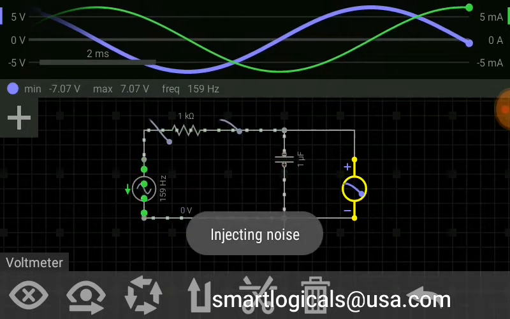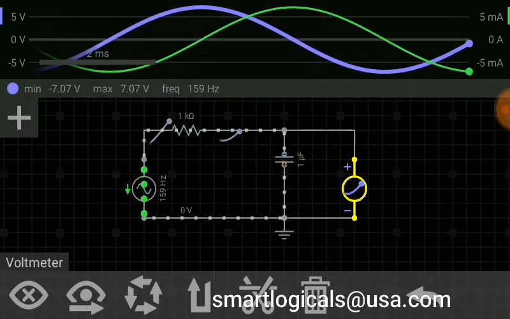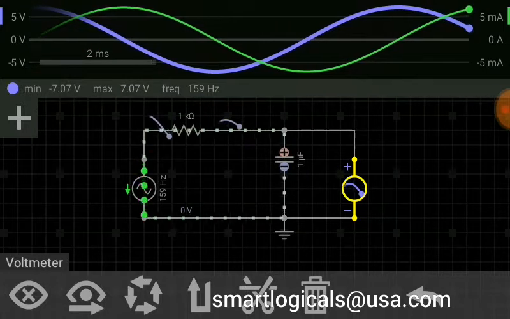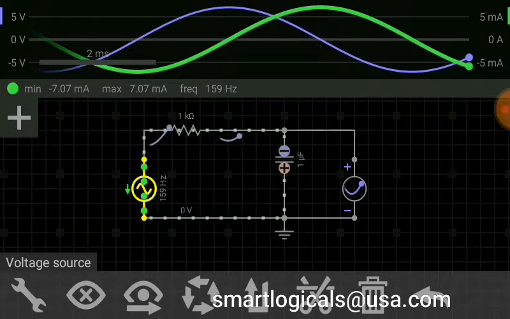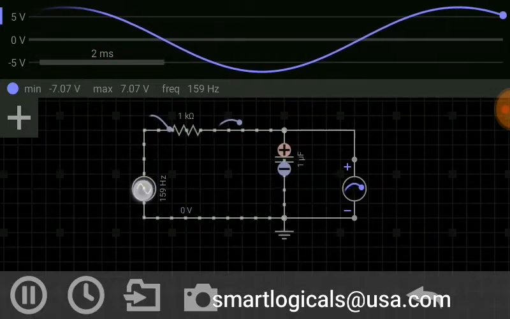Thus we can say that the cutoff frequency of a low pass filter is 1 by 2 pi RC. If we apply a square wave, then what will happen?